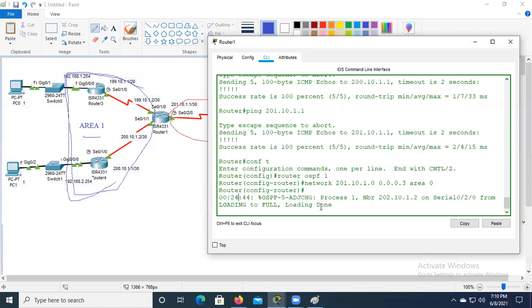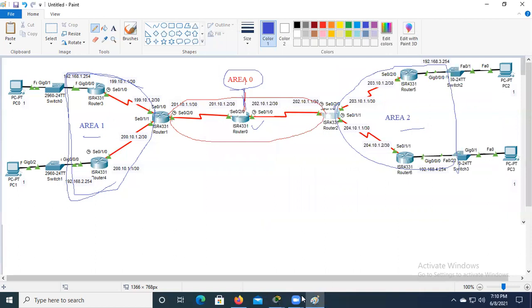We are getting OSPF neighbor adjacency messages: process number 1, neighbor 202.10.1.2 from loading to full state. Loading is done. Let me configure these two serials in area 1.